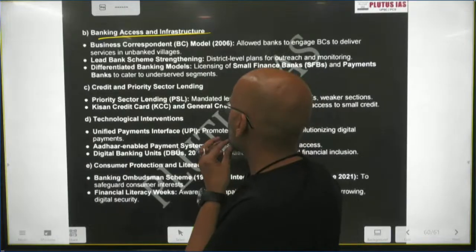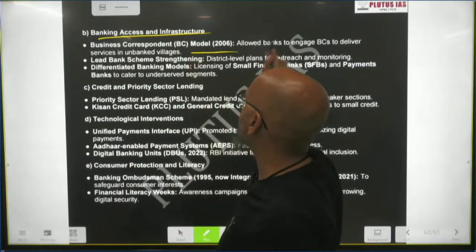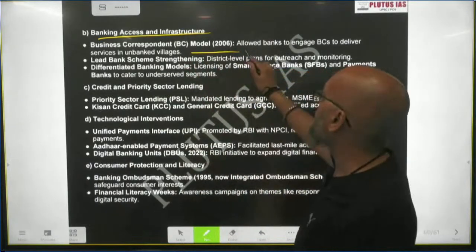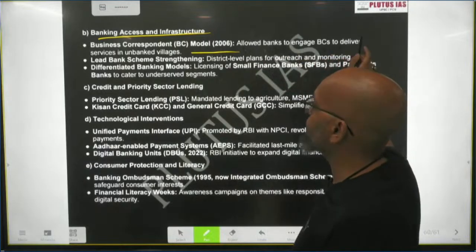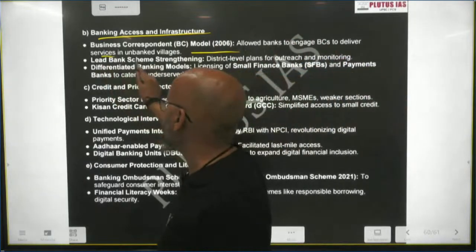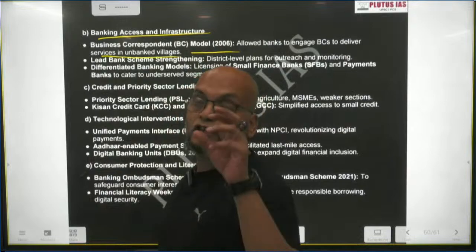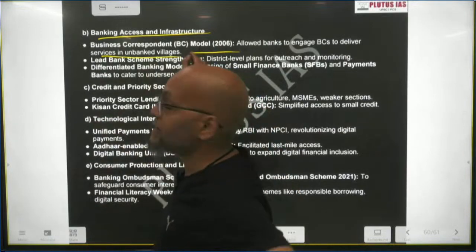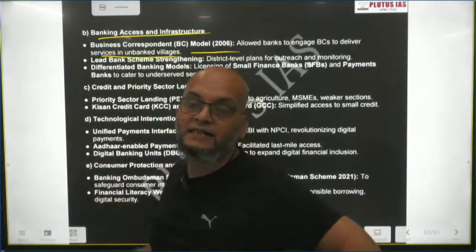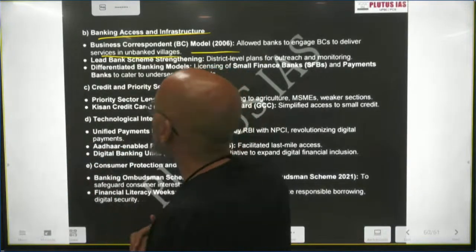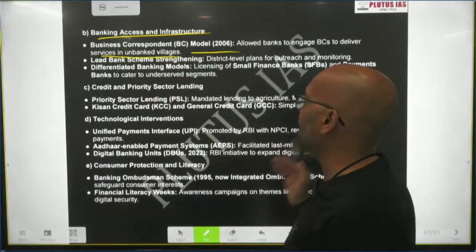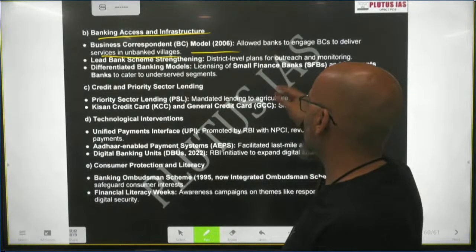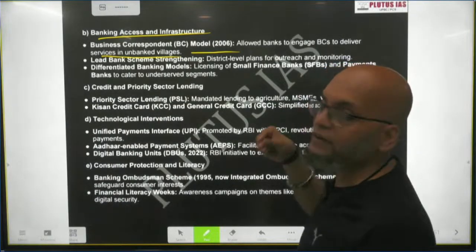Business correspondent model, BC: in 2006 banks were allowed to engage BCs to deliver services in unbanked villages. Those villages where banks are not there, BCs can provide banking services. They are sponsored by banks only. Lead bank scheme, strengthening district level plans for outreach and monitoring.